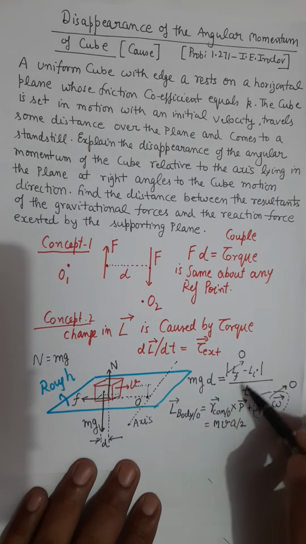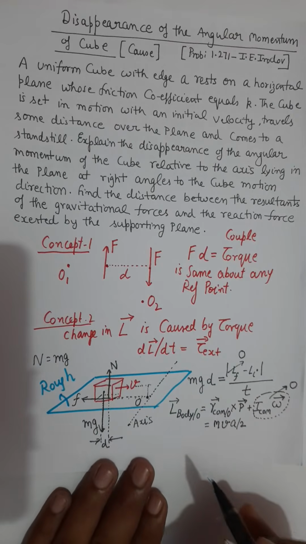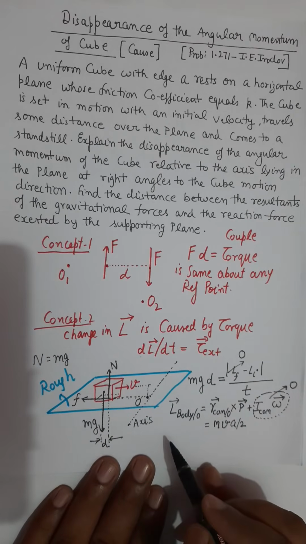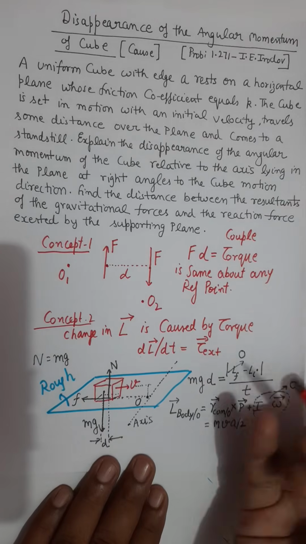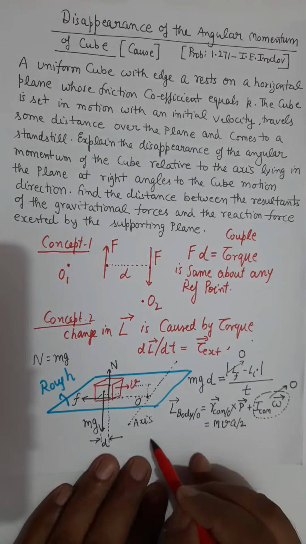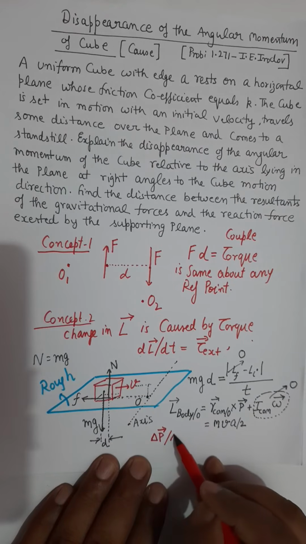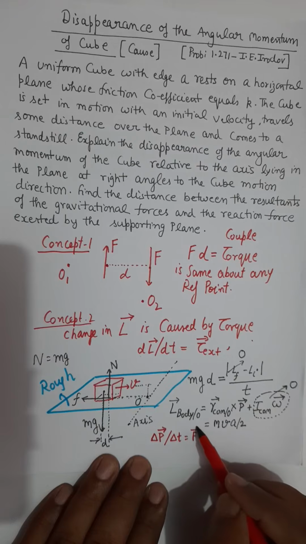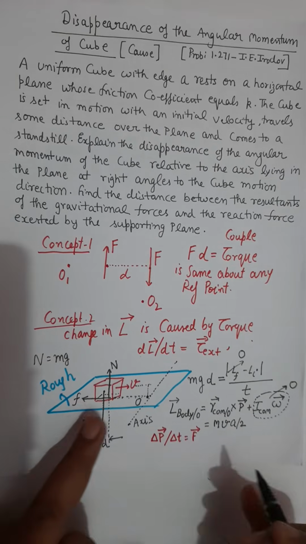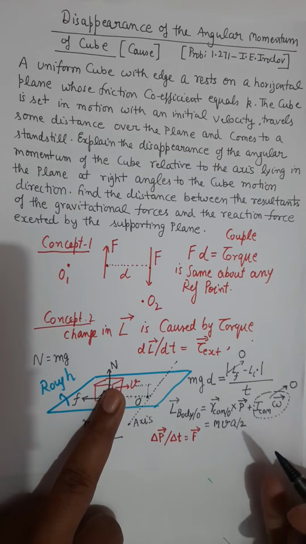I will put this angular momentum here, and for time I can use the kinematics part, or you can use Newton's second law, which says that the change in linear momentum upon time should be the force. Initially it has a linear momentum of mv, finally there is no linear momentum.